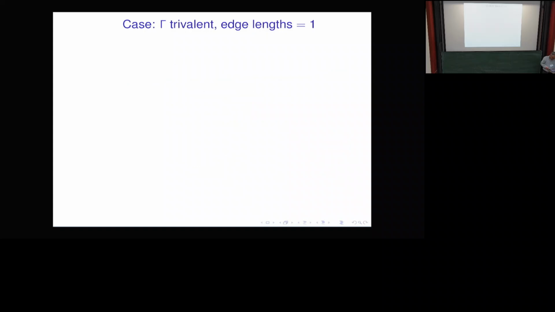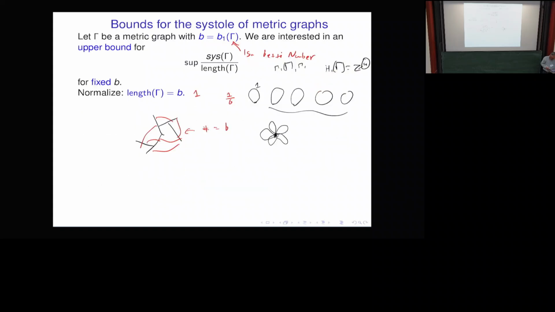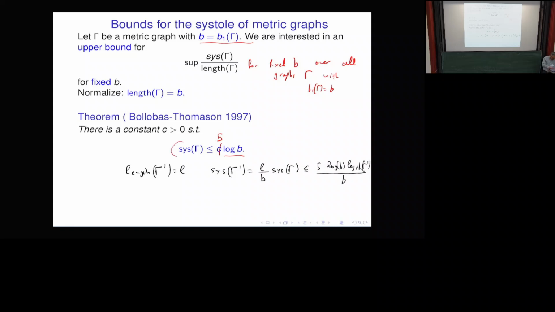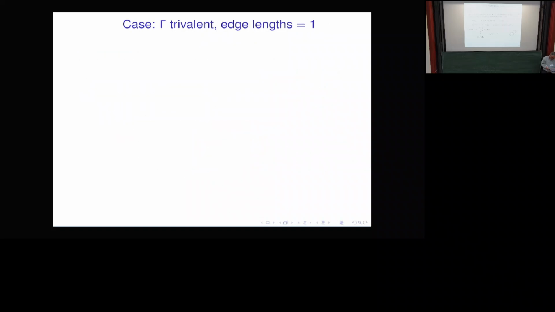Okay, so let's try to prove our theorem. Maybe the theorem, go back, it was this one, right? So I'm trying to prove this now. I'm going to do it first in the easier case where I have edge length 1.